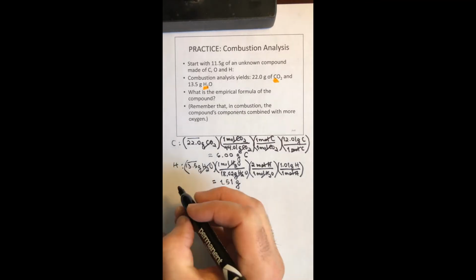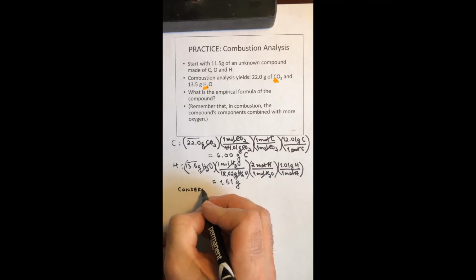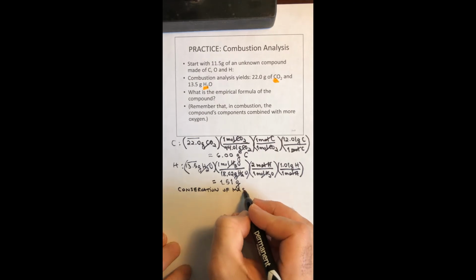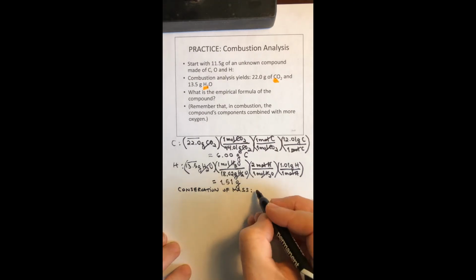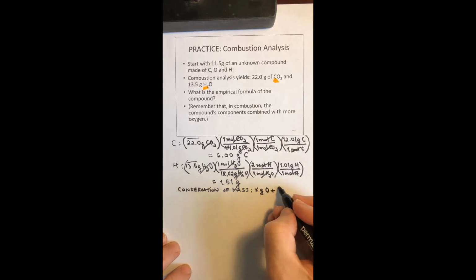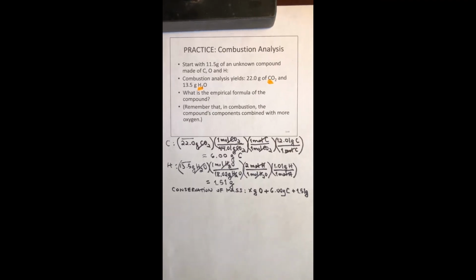So what we know is because of conservation of mass, we know that X grams of oxygen plus 6.0 grams of carbon plus 1.51 grams of H should be equal to 11.5 grams total. I'm sorry, I kind of lost my place here a little bit. Let me roll this paper a little bit here.